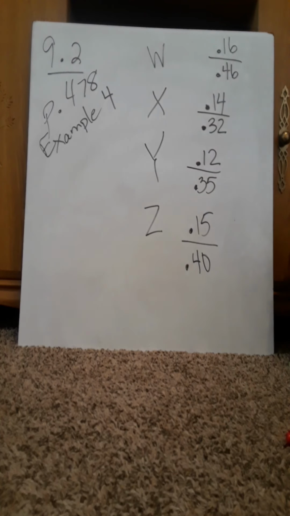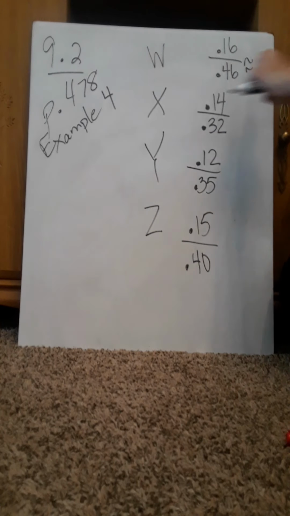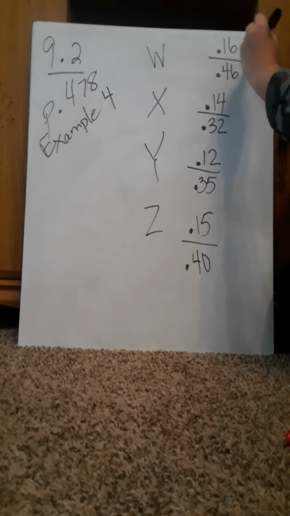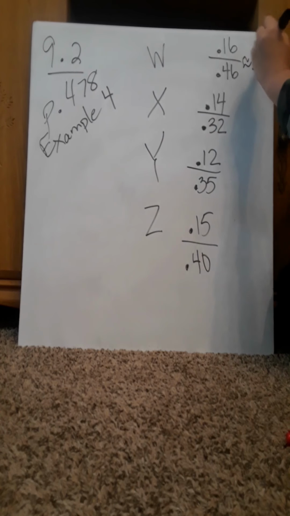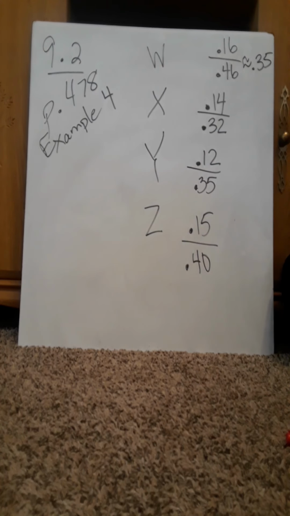All you need to do now is take your calculator and start dividing each of these out. So 0.16 divided by 0.46. Let's round that off to 0.35. Now let's do 0.14 divided by 0.32.